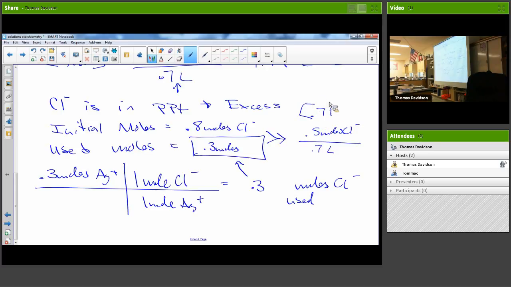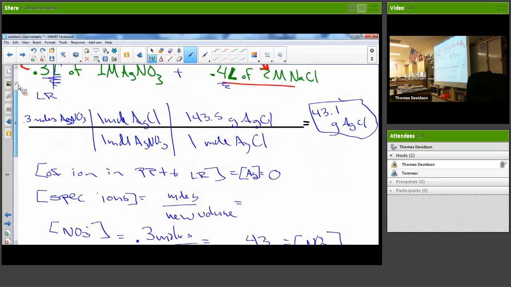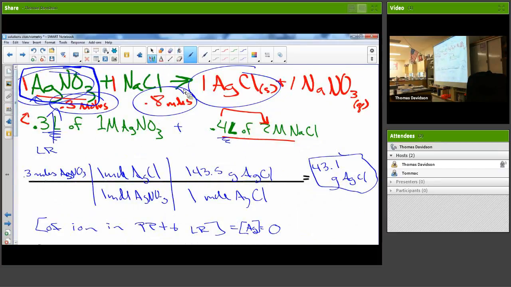It doesn't matter. All right, so Kylie asked where I got the 0.7, and I know you're not the only one with that. We are going to use 0.7 multiple times because it's the total volume when you pour both things together. It's the denominator 3 different times. Go ahead.